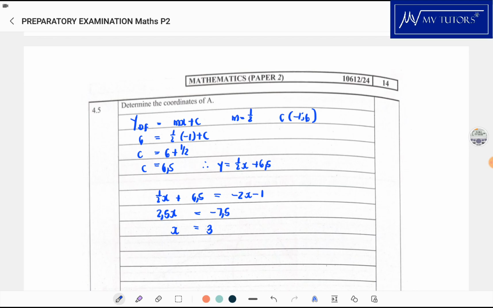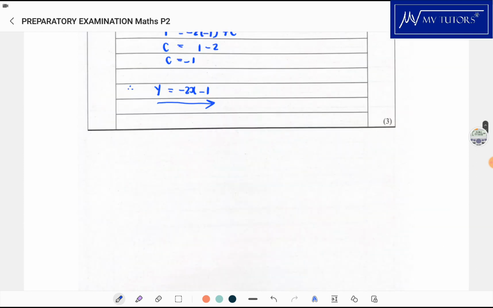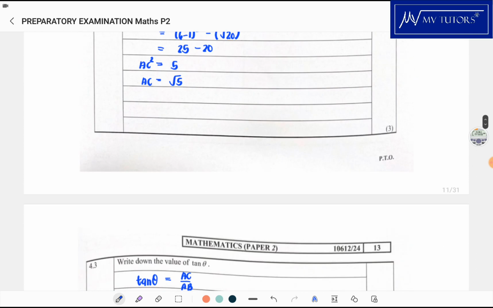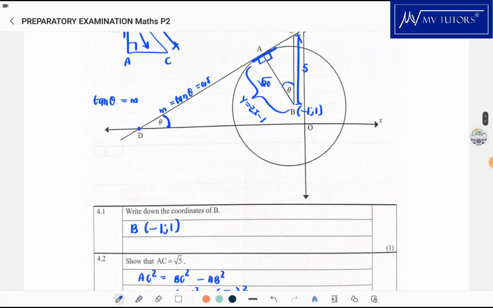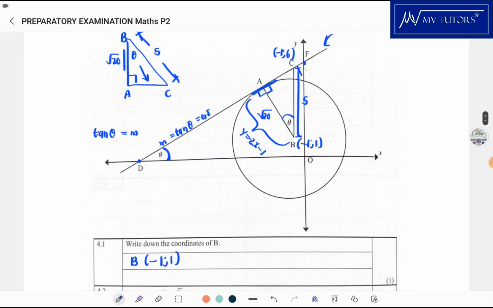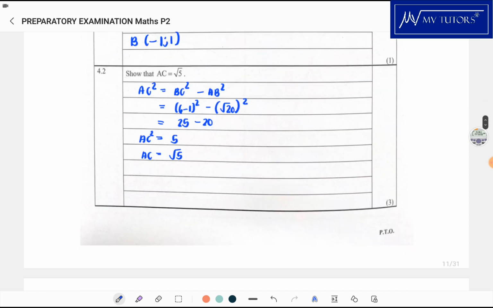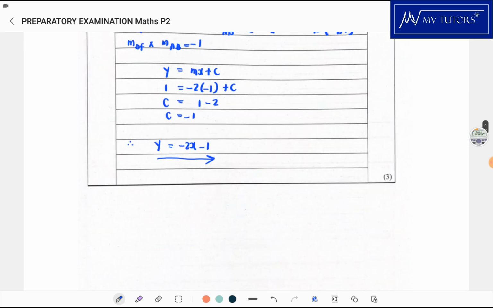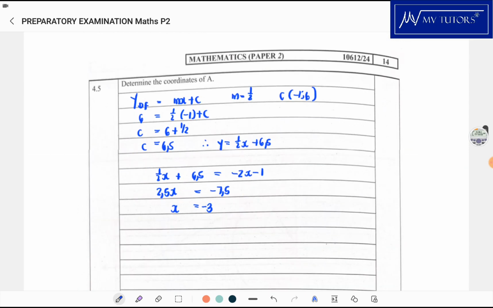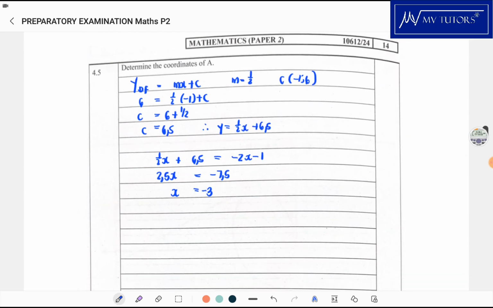But wait a minute. It should be negative because A is on the negative side. If you get something else, then something is wrong. So you can see A is on the negative side. We get x = -3. What is the y coordinate? I can just substitute that in any of the equations. The simplest one, it doesn't really matter at this point.